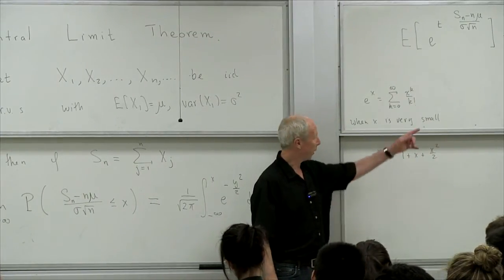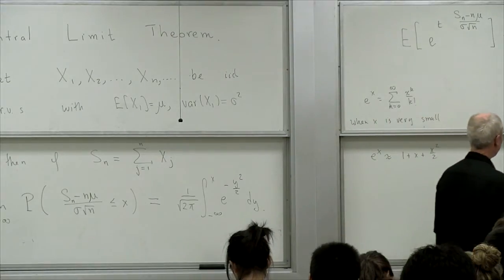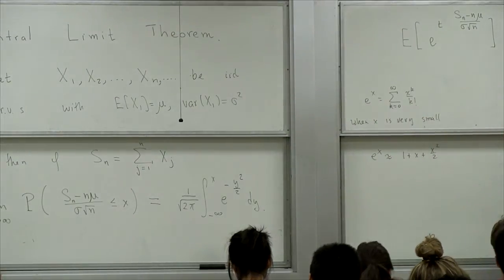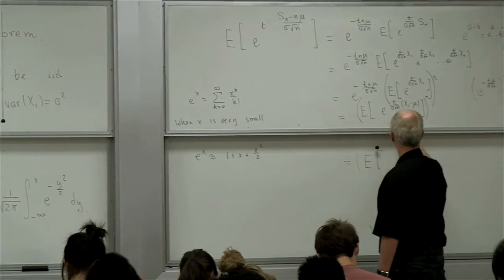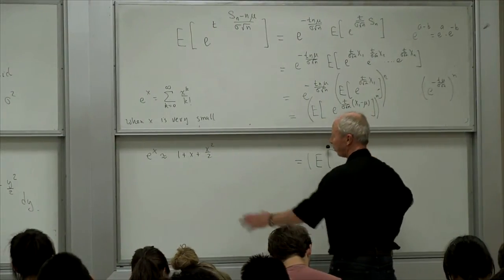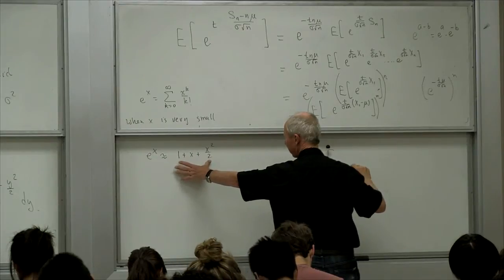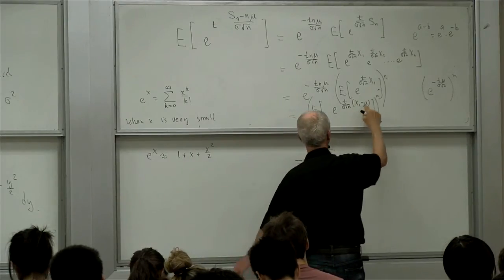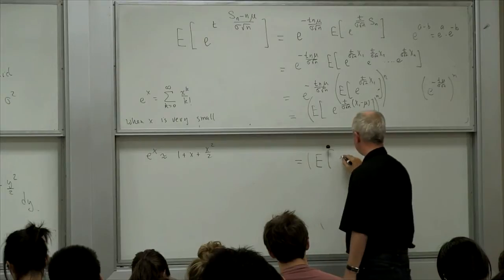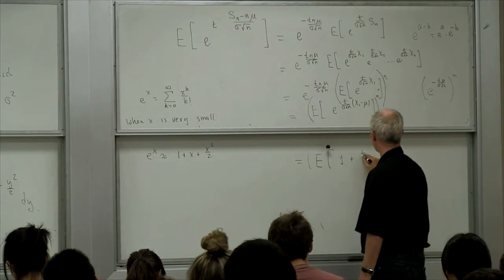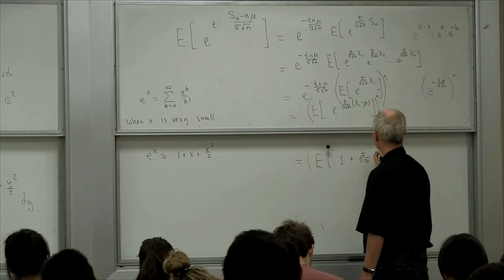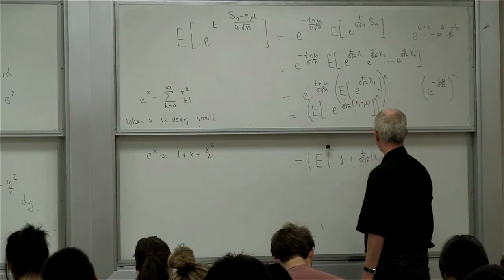Okay, so let's do that. In here, what do we get? We'd get the expected value of this thing where we substitute this in for little x, right? So we'd have a 1. We'd have a t over sigma root n times x1 minus mu.